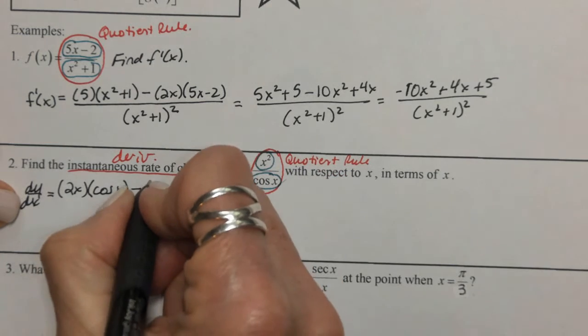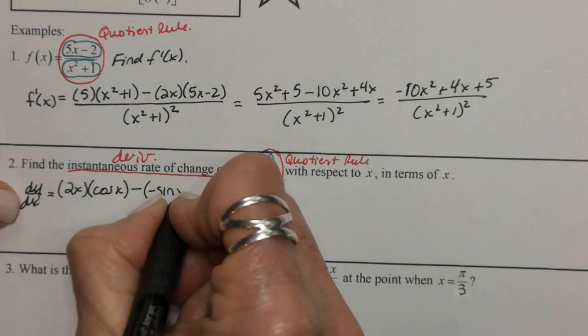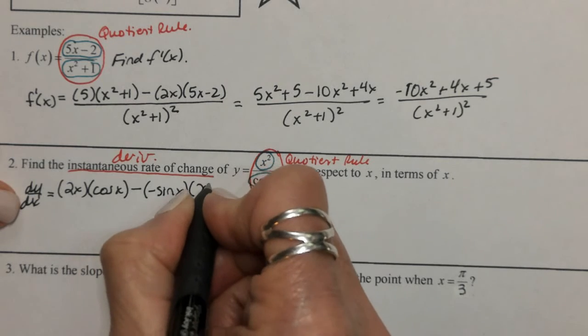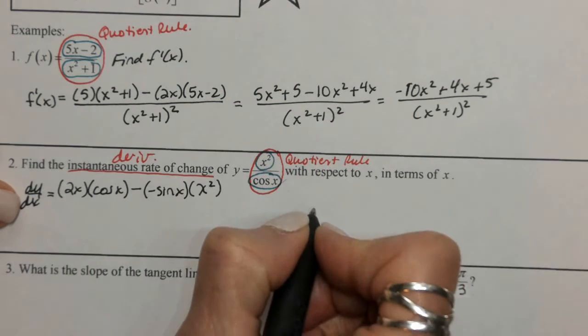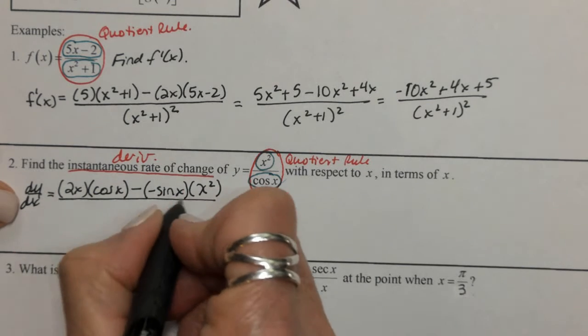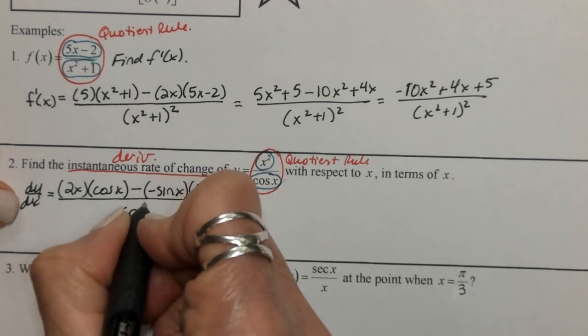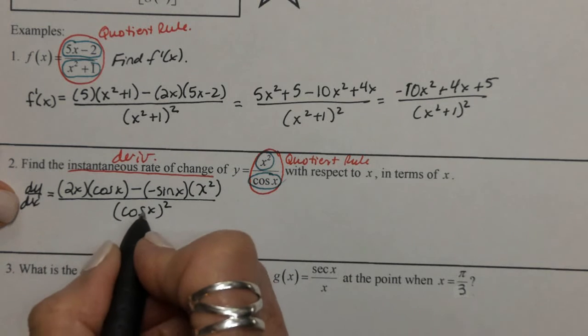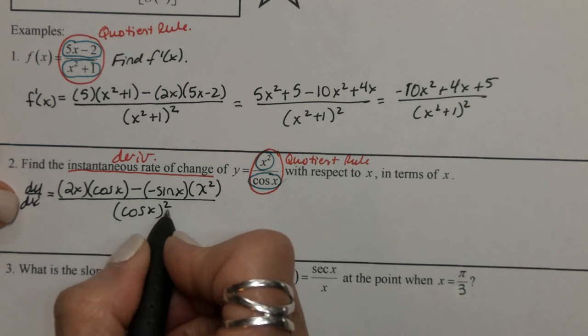So the derivative of the bottom is negative sine x, multiplied by the top left alone, which will be x squared. All divided by cosine of x squared. The bottom left alone, but squared.